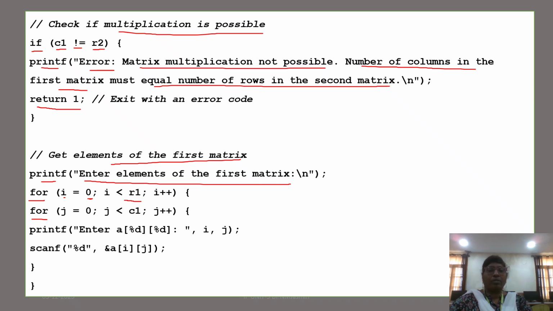And for j, the jth column, the condition is it starts from 0 and must be less than C1, that is the column of the first matrix. Then i gets incremented, and here also j gets incremented. Finally, printf to enter the A value, which is an integer, and finally we scan A[i][j] with the address provided for A[i][j]. This is the first matrix.